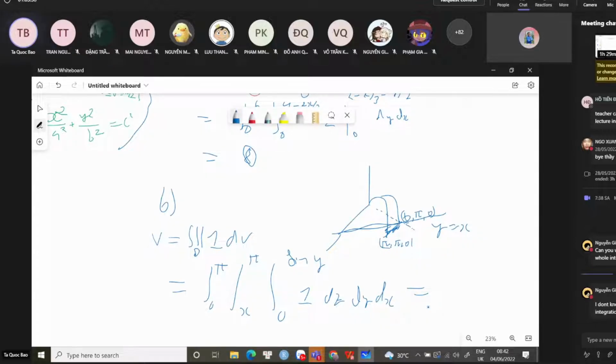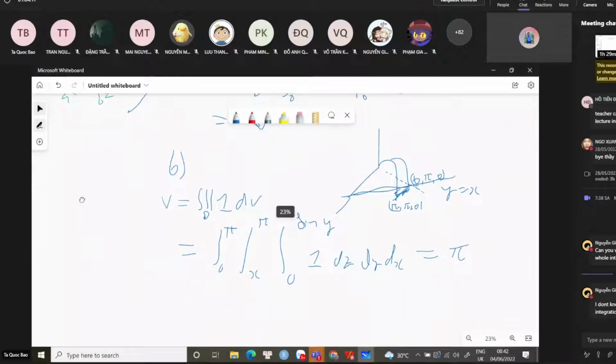So this exactly is equal to, finally the result is pi. Okay, so from here I think everyone has to calculate this integration. Therefore, I don't give more detail. All right.